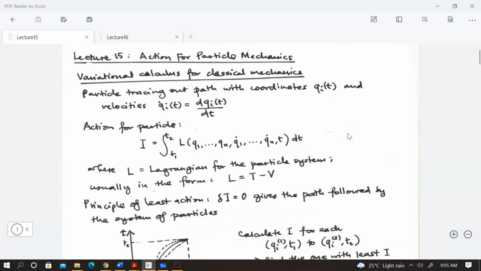So let me begin with the idea of particles. If you want to solve the classical mechanics problem, you usually would like to have the position of the particle solved from the Newtonian equations of motion. So the idea is again adopted here. What we want to solve is essentially the following.